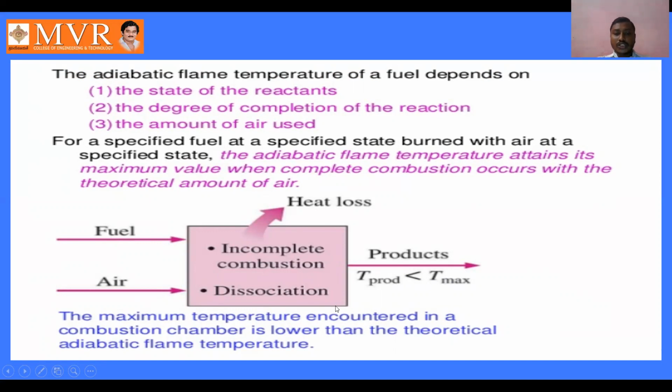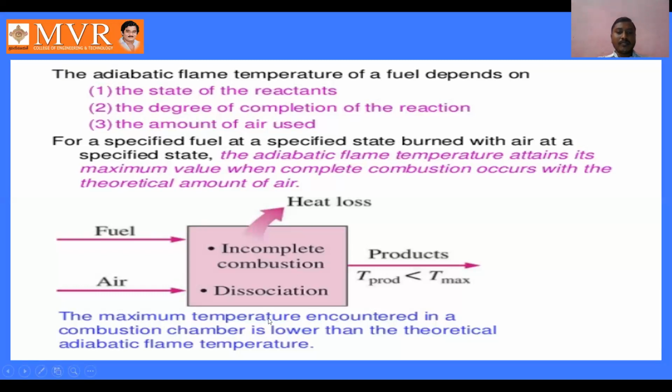Dissociation means the reactants taken for combustion have not been consumed fully, so incomplete combustion has occurred, and heat losses to the surroundings cross the insulation or system boundary. So T product is less than T maximum, meaning the temperature is less than that of the products developed in the combustion process.